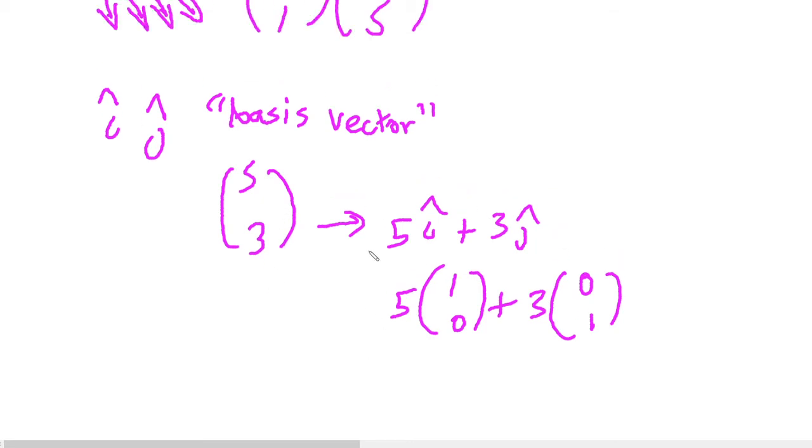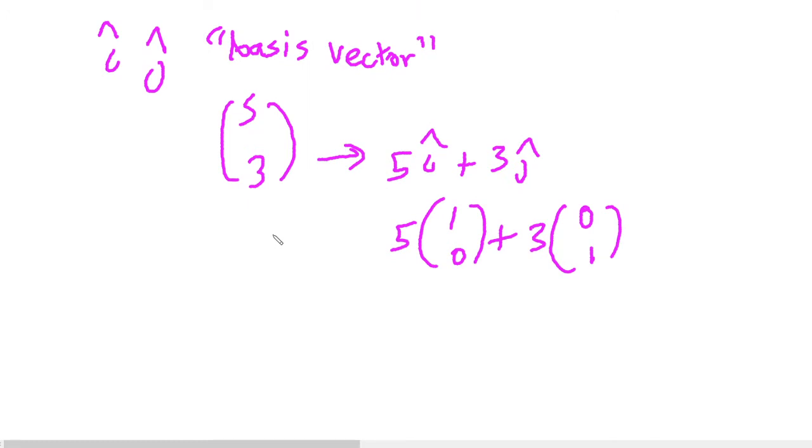And the thing is, basis vectors do not have to be just i or just j. Like, in the one-dimensional sense, say you were talking about 3 dozen or 3 meters.